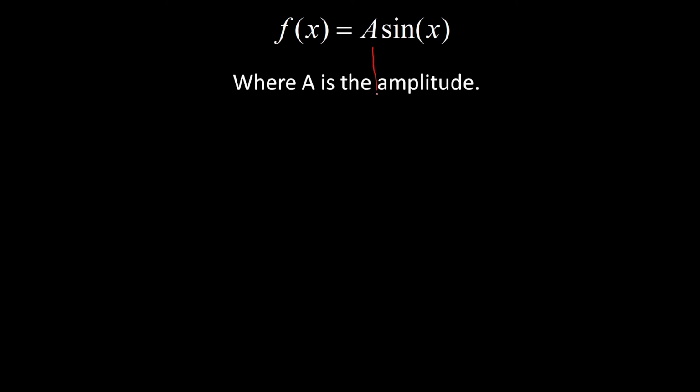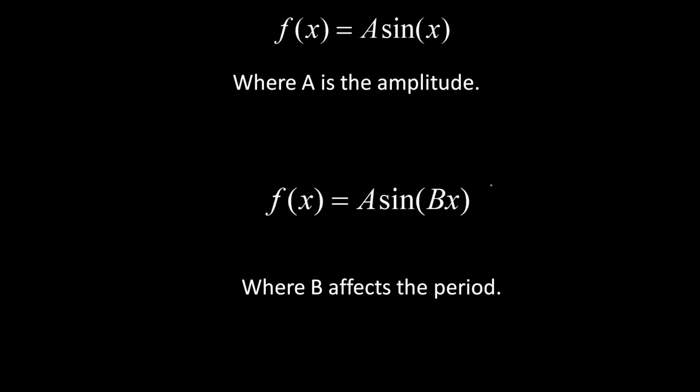We're going to multiply the sine function by some number, and that changes the amplitude. Now, we're going to multiply the input by some number. And this number that we put here affects the period.